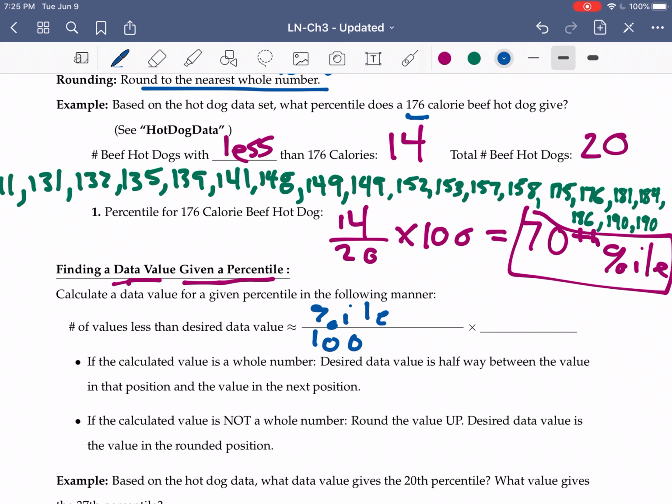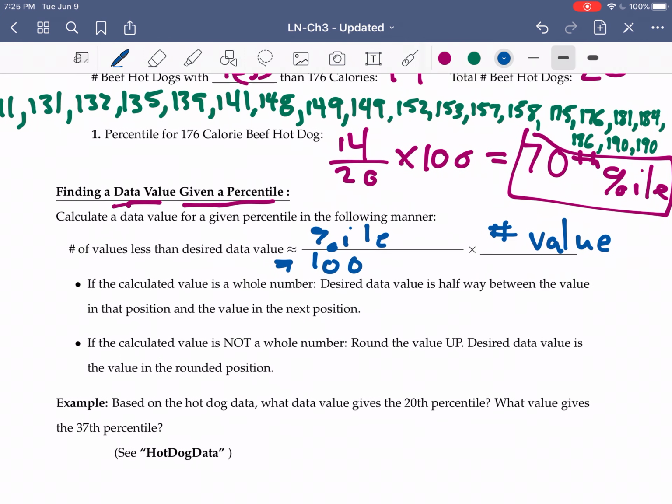Those are the same thing. Then multiply it by the total number of values. This will give us approximately the number of values less than the desired value, so it's not exact.